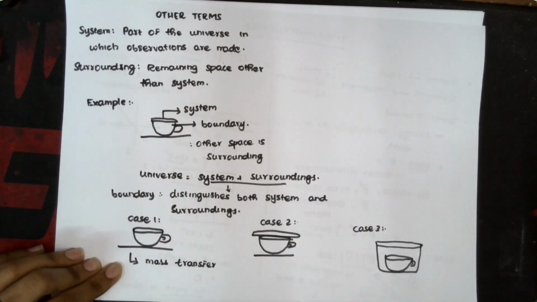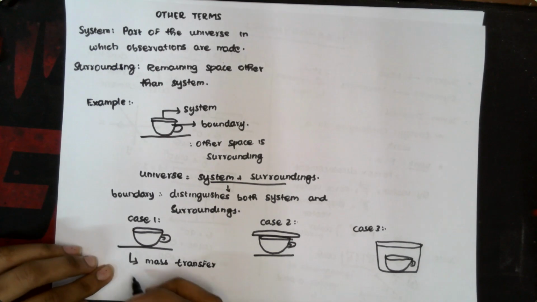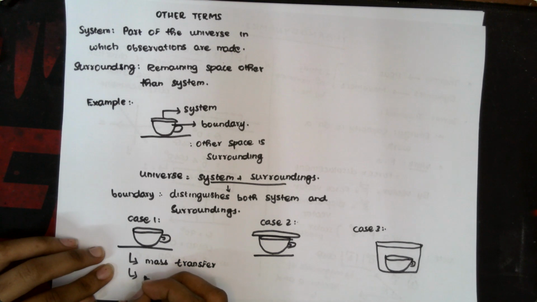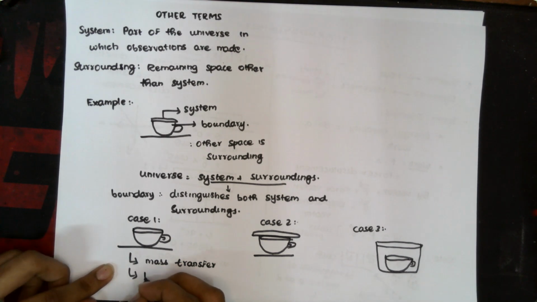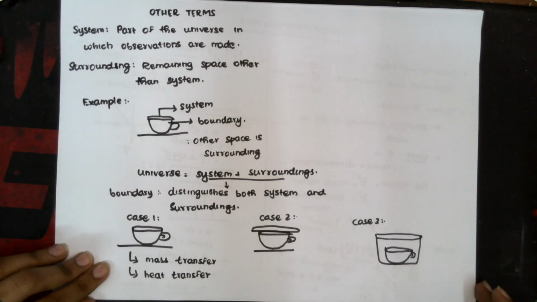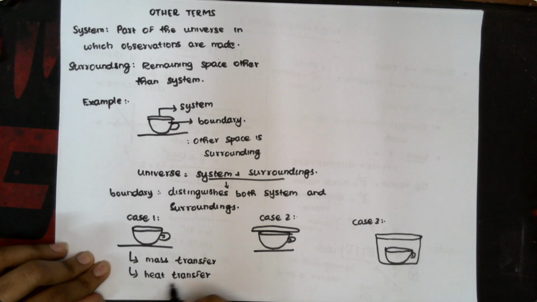And will it maintain the same temperature? No. It gets cold. So it means that heat is also transferred. So when a system experiences both mass transfer and heat transfer, it is called an open system. Got it?